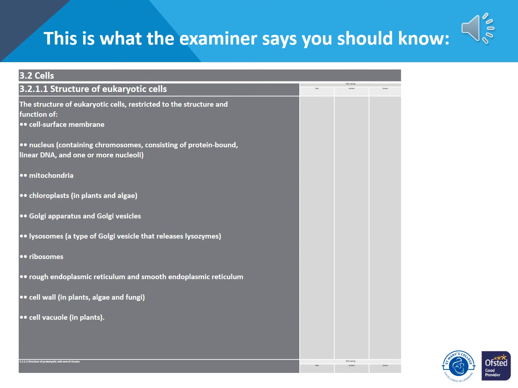So this slide shows us an extract from the spec, and it's a more detailed look at the topic of cells, and it lists lots of organelles which you would find inside a eukaryotic cell. Eukaryotic cells are those that we see in plants and animals, and organelle literally means small organ.